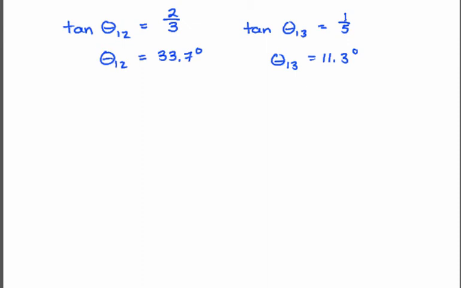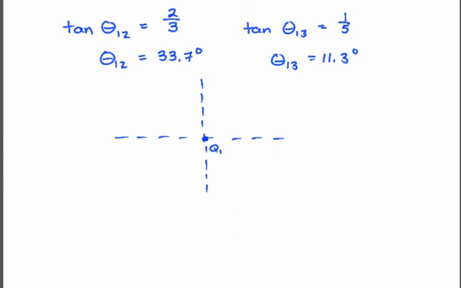So let's go ahead. I'll have my y-axis here, my x-axis going across here, and charge 1 is going to be right there in the middle. Now, if we look at charge 1 and charge 2, the signs of those charges are the same. So that tells us that the force that charge 1 is going to feel due to charge 2 is going to be a force away from charge 2.